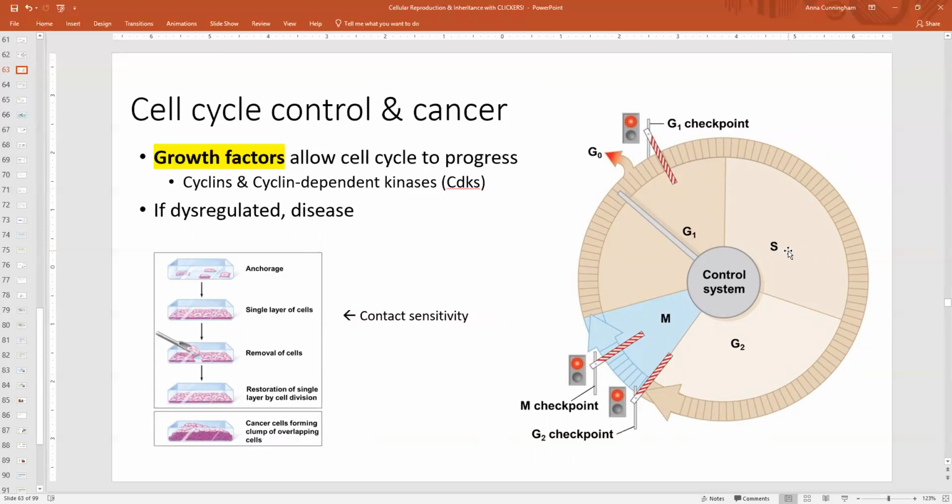Or if there is a mutation or something devastating that happens during S phase, the cell will actually not progress, but it won't just stop, it'll die. That is via a process, and I'll type it in the chat box, called apoptosis, sometimes pronounced apoptosis.